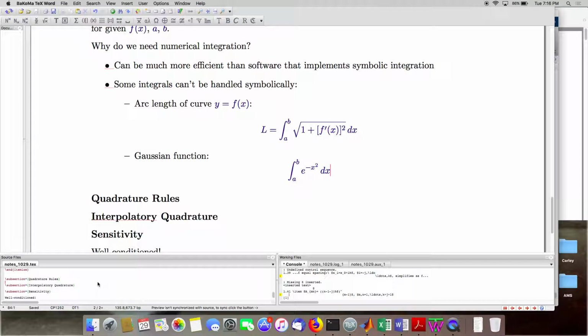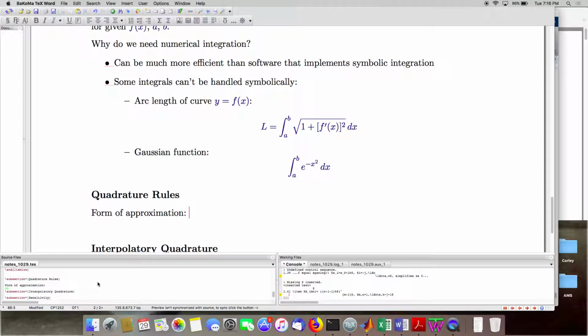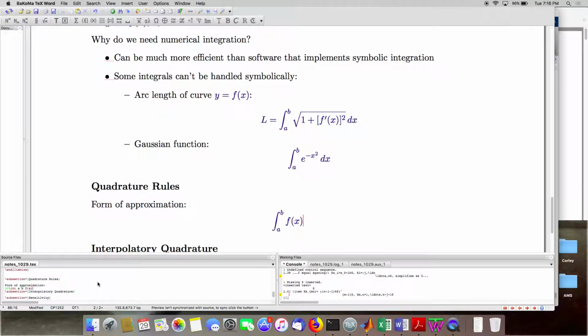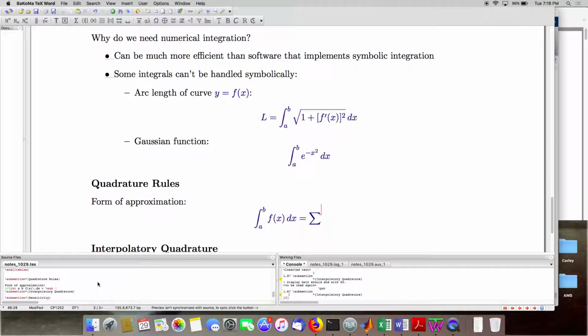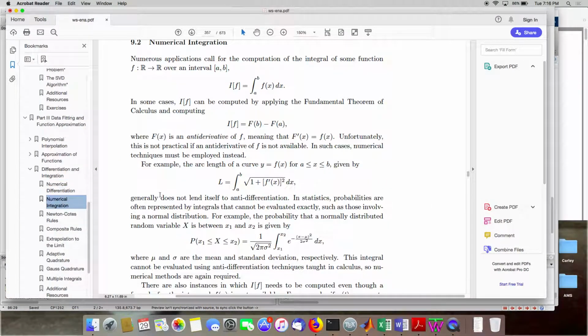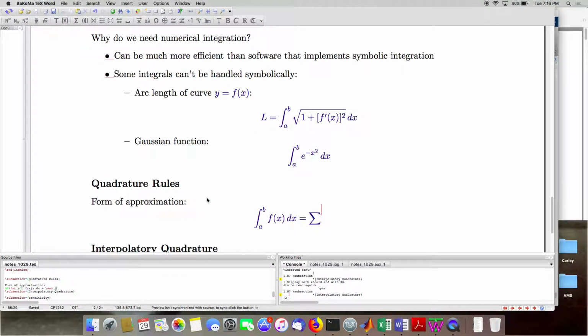So, similar to differentiation, the form of the approximation is: the integral from a to b of f of x dx is equal to a sum. Again, I want to check my notation here.